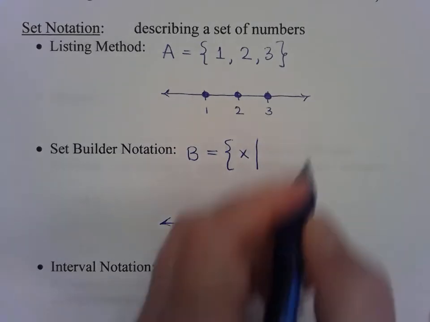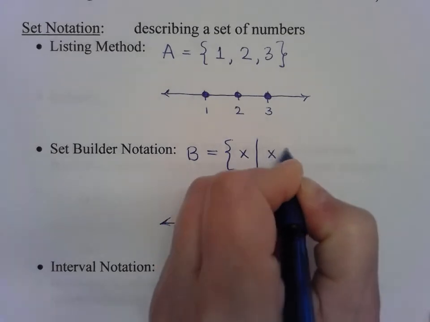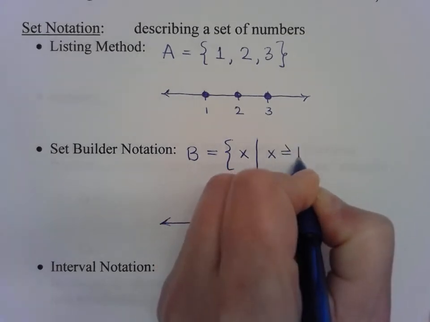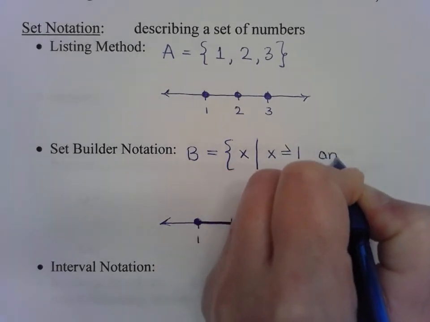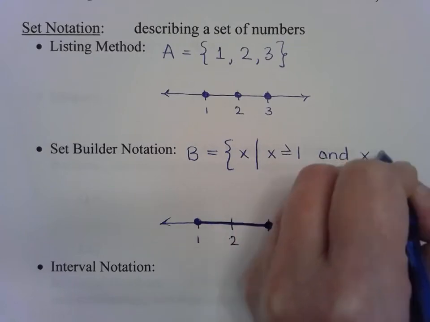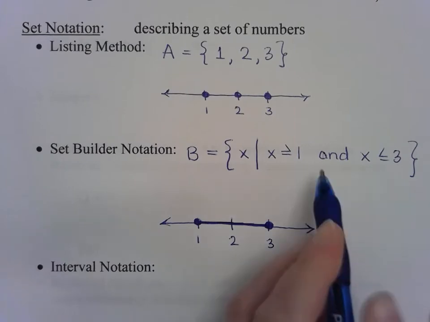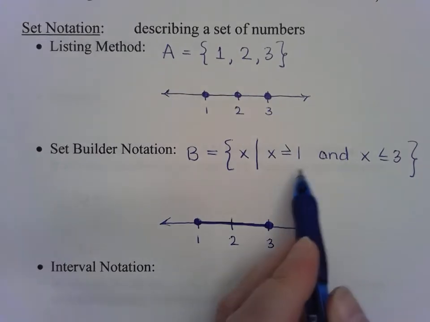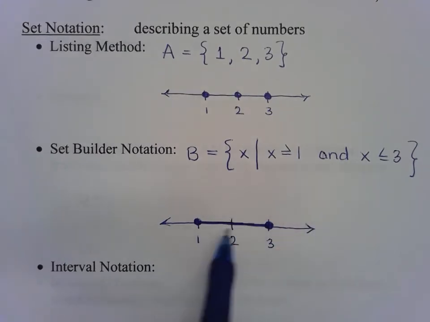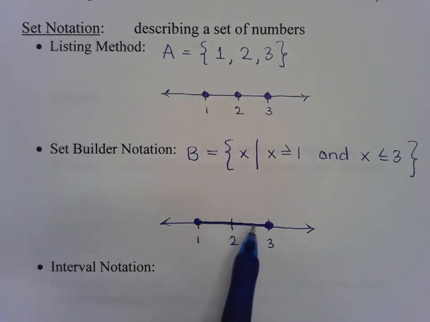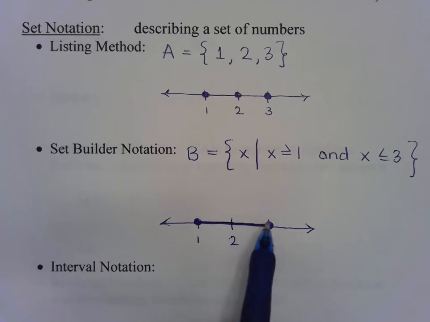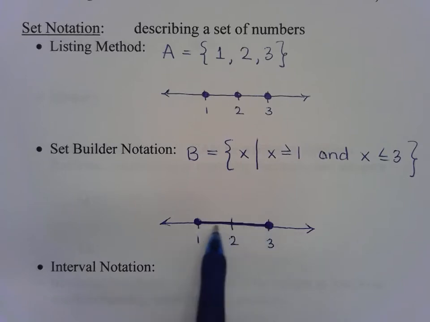So I want x values that are greater than or equal to 1, and x values that are less than or equal to 3. And if I use the word and, I mean that I have to satisfy both at the same time. So any number that is at the same time greater than or equal to 1 and less than or equal to 3. And that will encompass all of these numbers here.